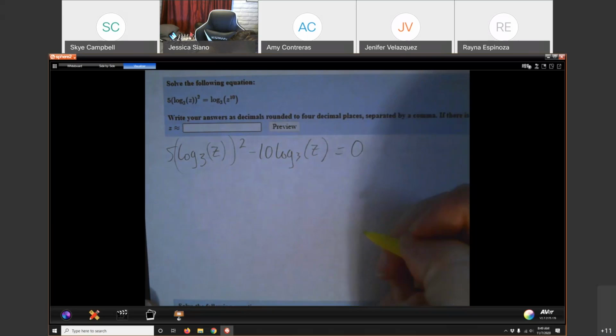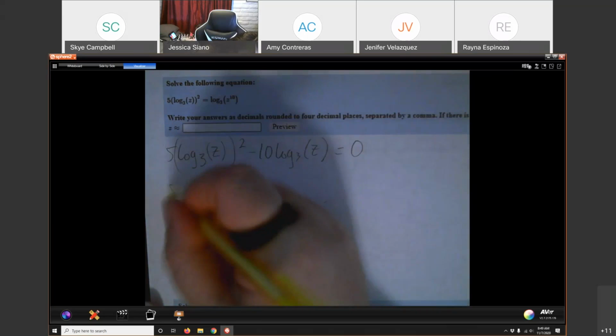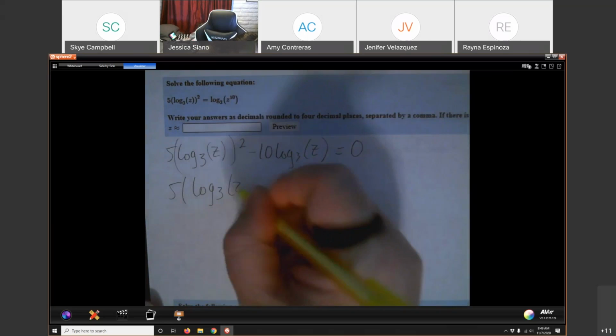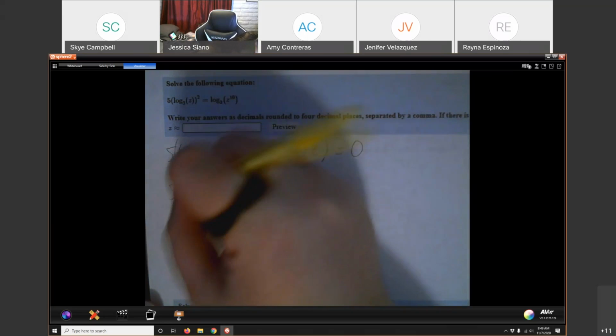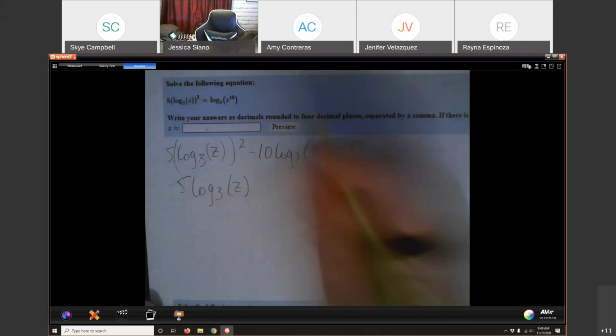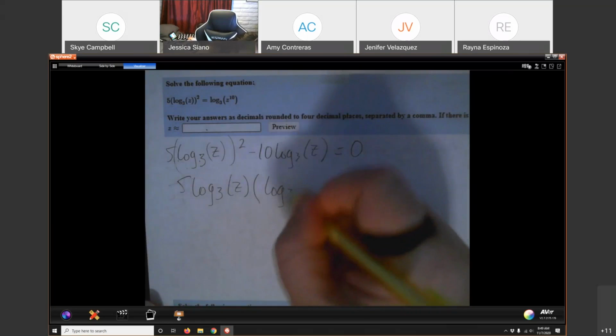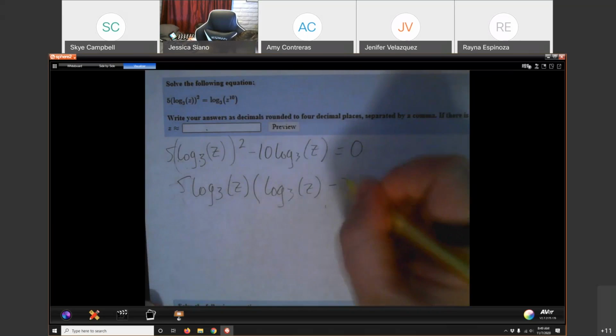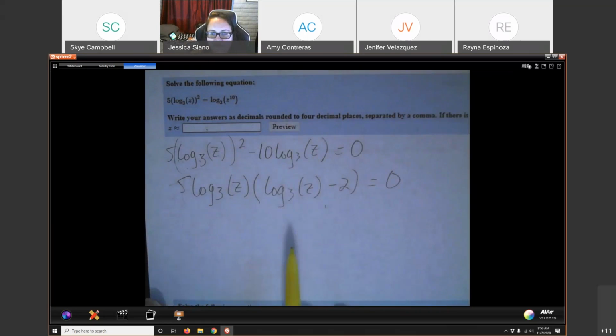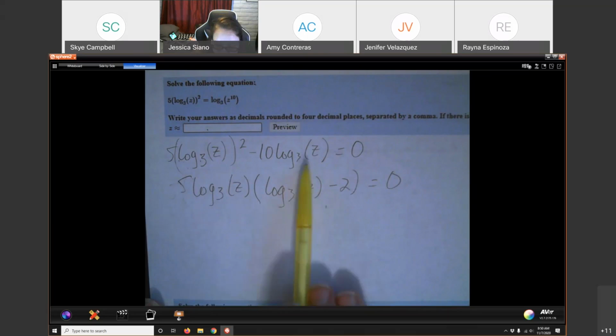So this would be 5 times the log base 3 of z times the log base 3 of z minus 2. Because this was log base 3 of z squared, I took 1 out, so there's 1 left. I took out the 5. The negative 10 divided by the 5 I took out is negative 2.